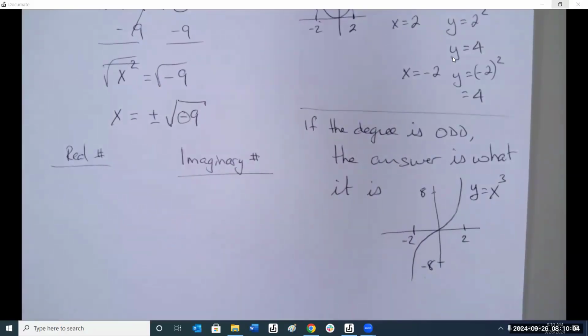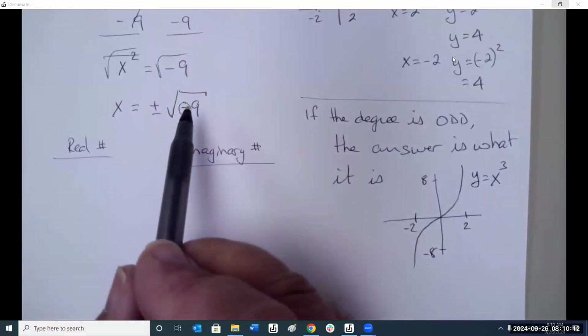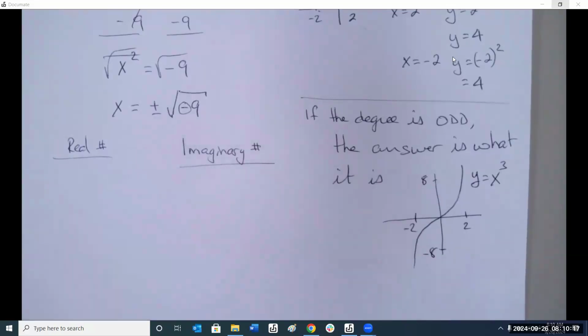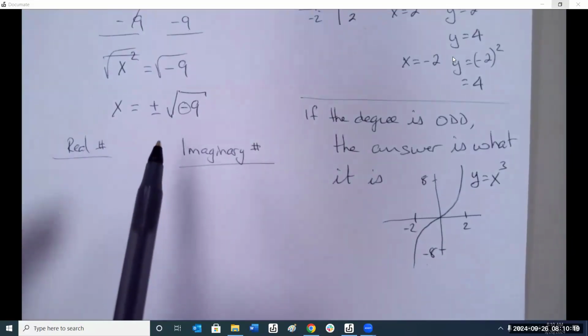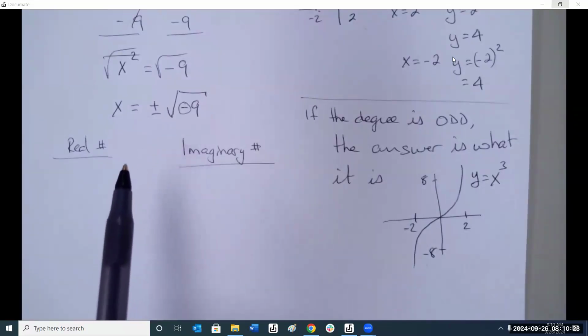Numbers that are not real. Exactly. Mathematicians are not too creative when it comes to naming things. So, because this is a possibility, there has to be a value to it. You can't graph it. It doesn't fit on a two-dimensional plane. It's somewhere in the third dimension.